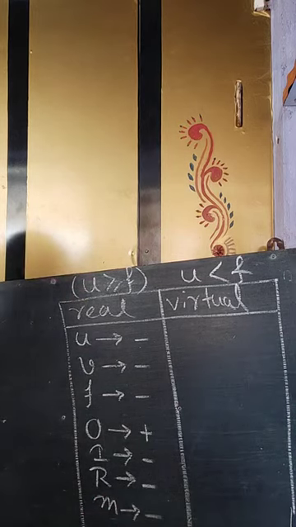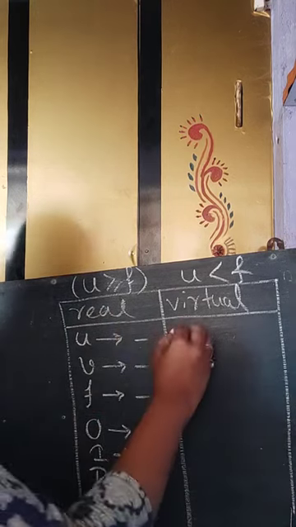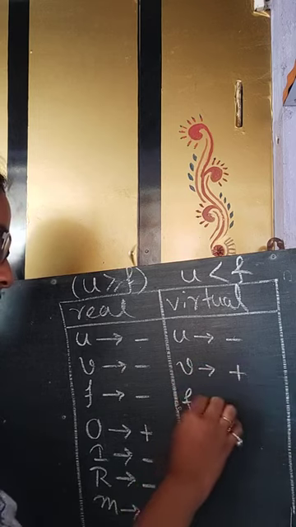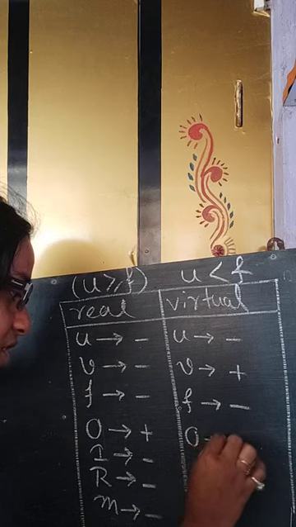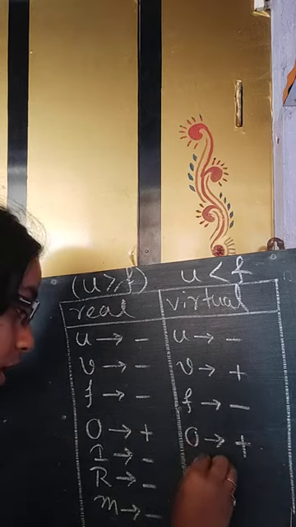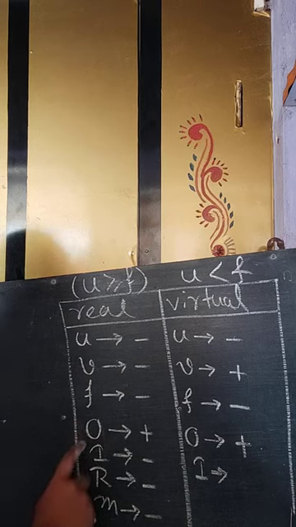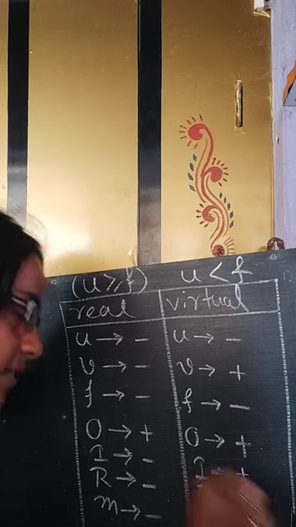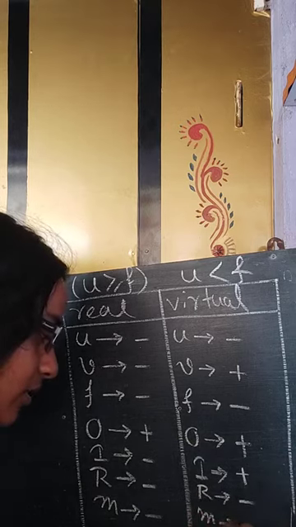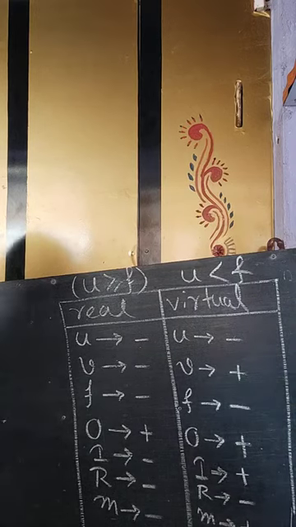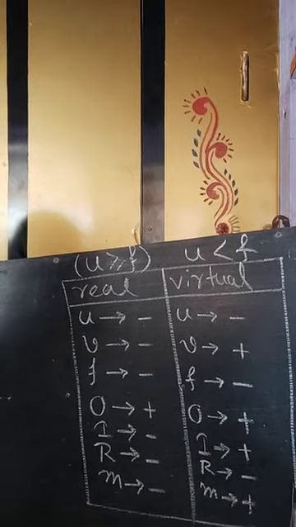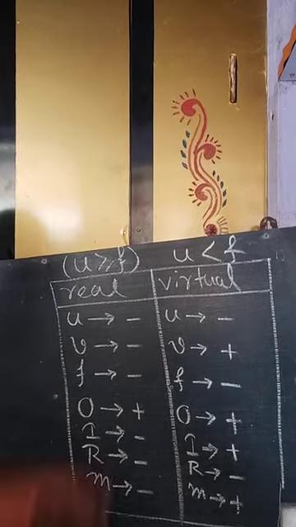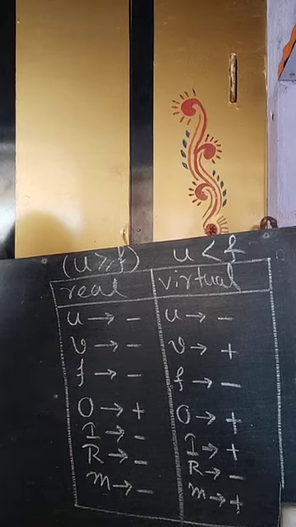For the virtual case, u will be negative, v will be positive, f will be negative, height of the object and height of the image will both be positive, radius of curvature will be negative, and magnification will be positive. So this is the chart which helps you to do the numericals. This is exclusively for the concave mirror.